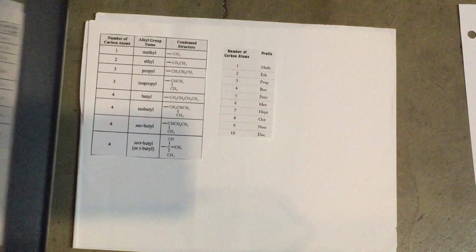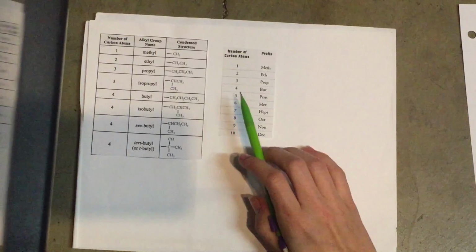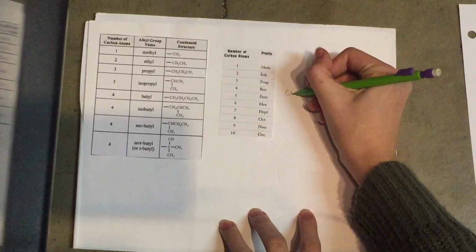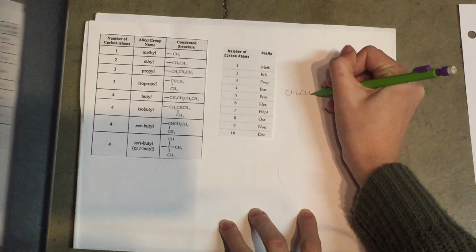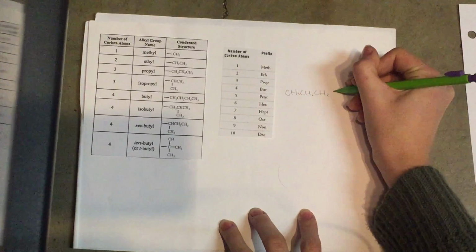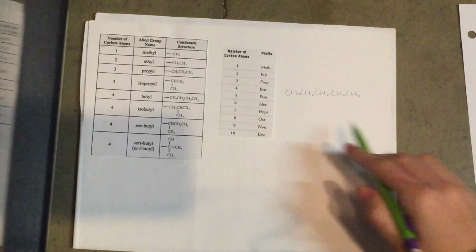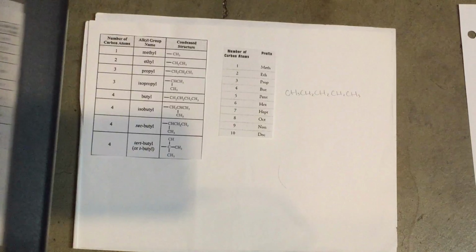So if we wanted to write pentane, that is 5 carbon atoms, pent, we would simply write this. There we go, pentane, very simple.